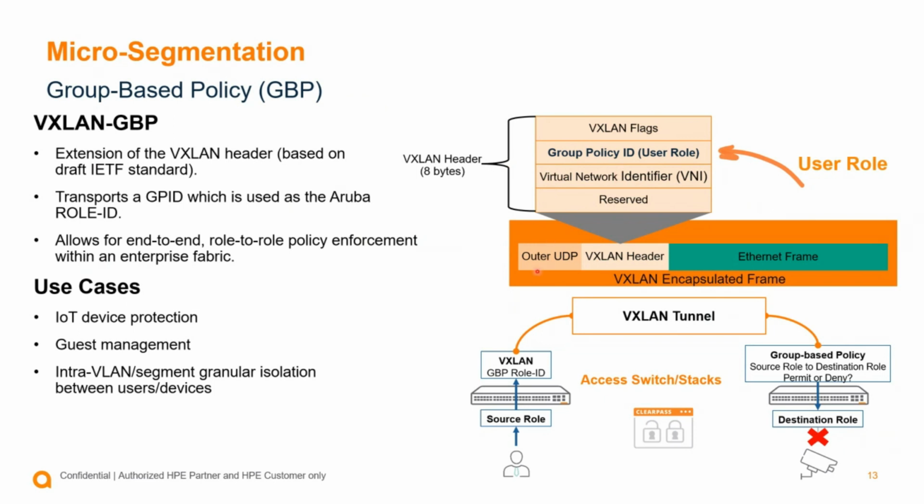So what this means is that roles are no longer tied to the IP address for a device or a user. So source-based roles are assigned to a user at the ingress VTEP, and the policy follows the device or the user as they move across the network. So the main use case is micro-segmentation, but that's not the only one.